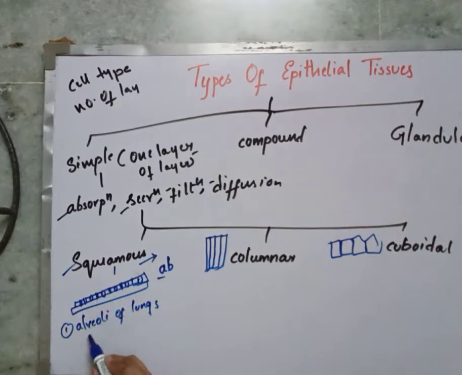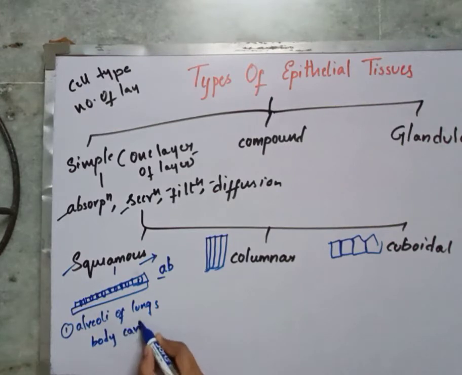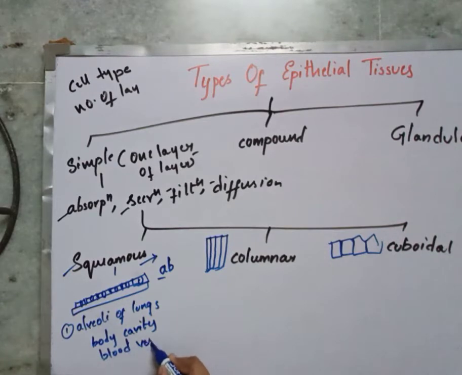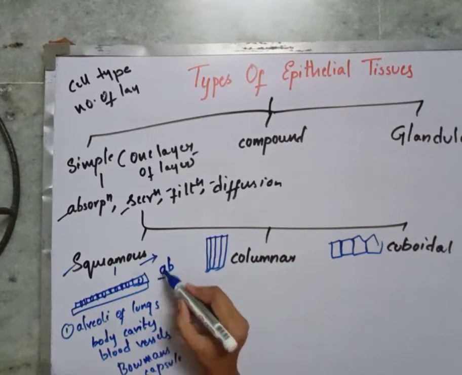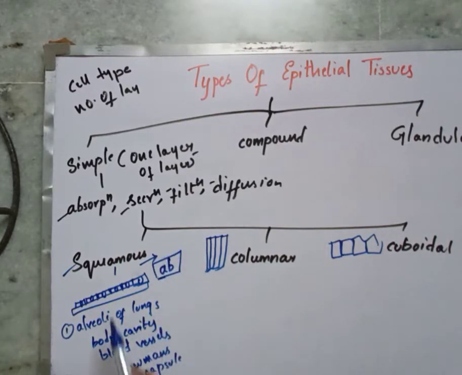So the locations are alveoli of lungs, body cavity, blood vessels, and the Bowman's capsule. So just remember this code AB. This squamous epithelium contains tile-like cells, and this is found in the alveoli of lungs, body cavity, blood vessels, and the Bowman's capsule. So this is about the simple squamous epithelium.